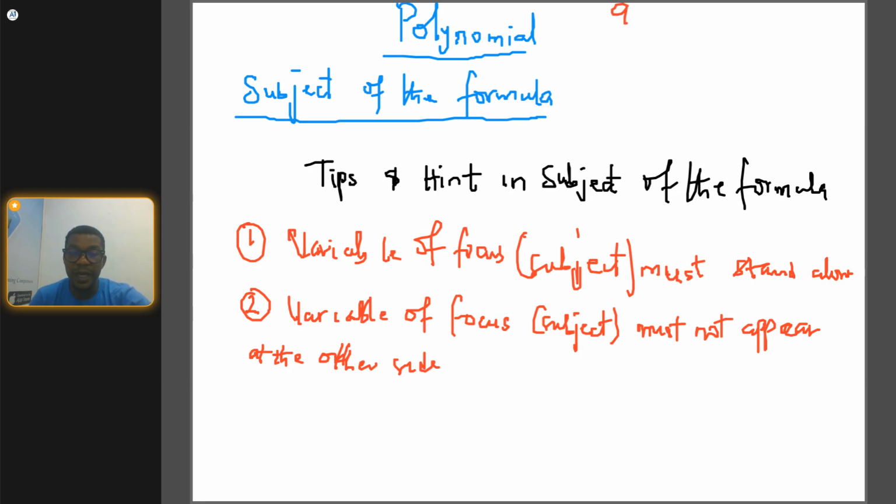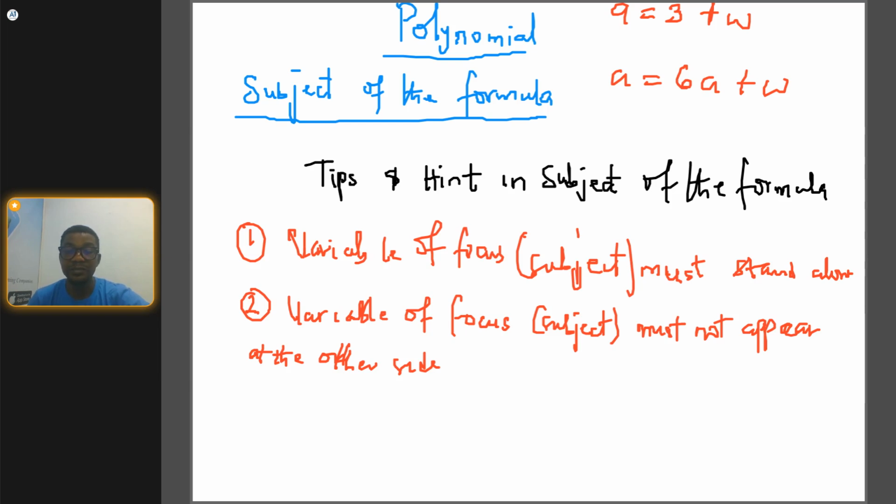If I have A equals 3 plus W, then I have A equals 6A plus W. These are two expressions, right? The first one, we are saying that A is the subject of the formula. And the second one also, we are saying that A is the subject of the formula.